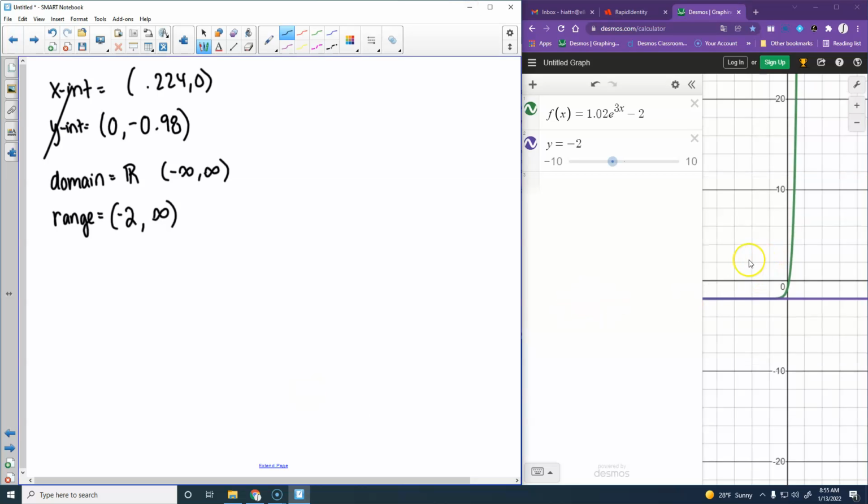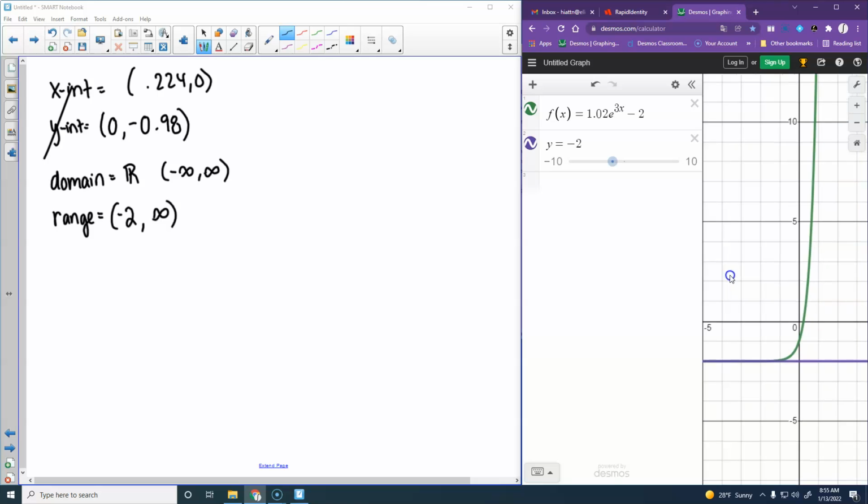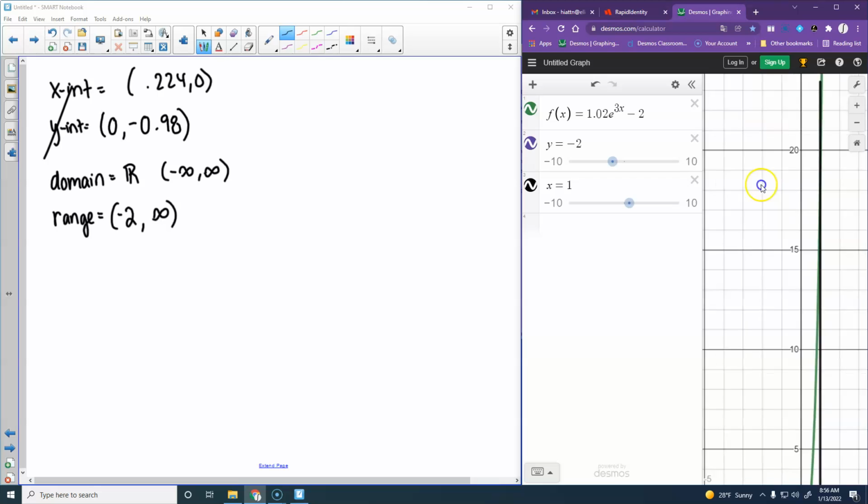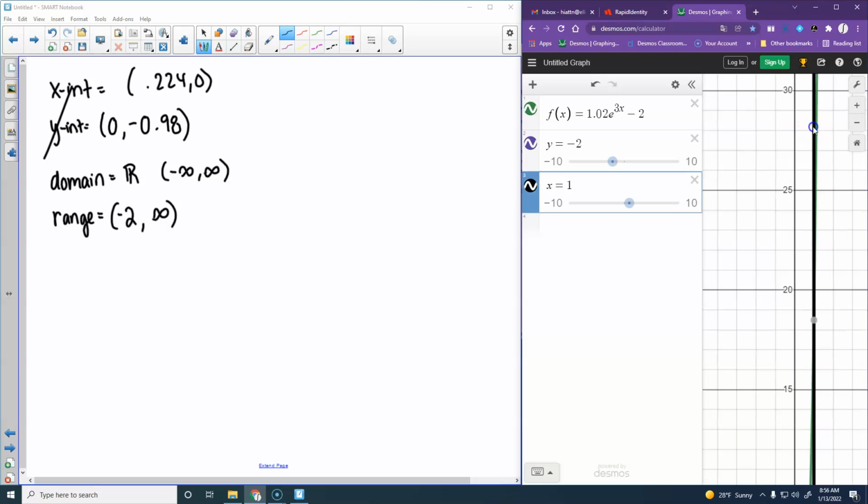I'm going to zoom in a little. If we saw this, it looks like maybe 1 is the vertical asymptote here. If we put in x equals 1, that looks a lot like a vertical asymptote, actually. But if you go up here, eventually it does cross that line and go to the other side.